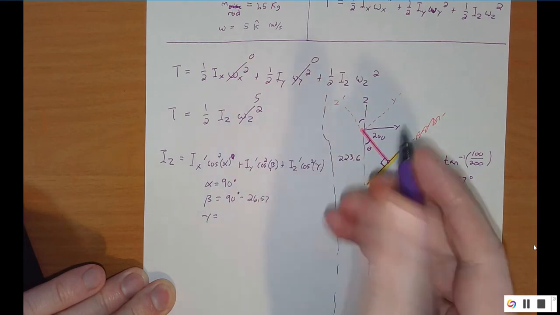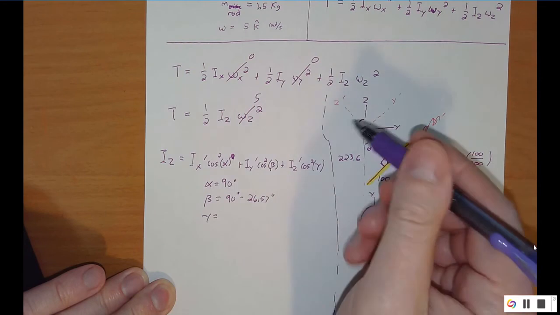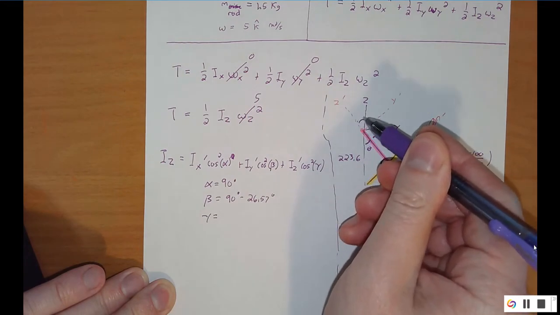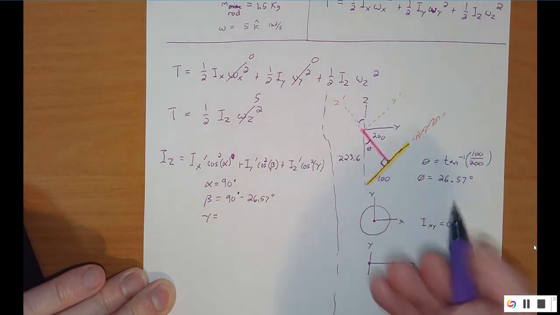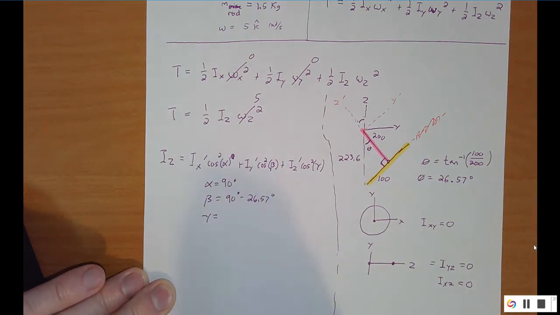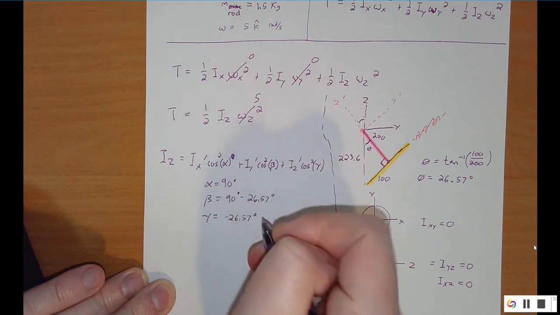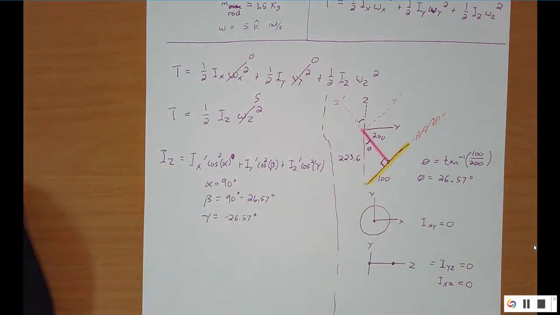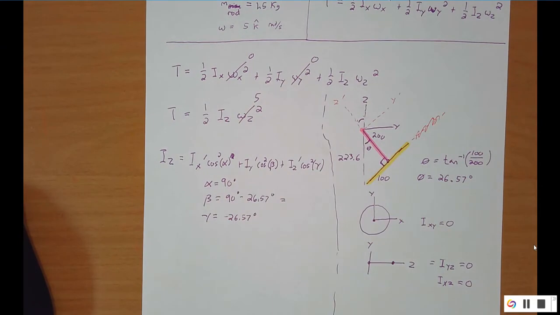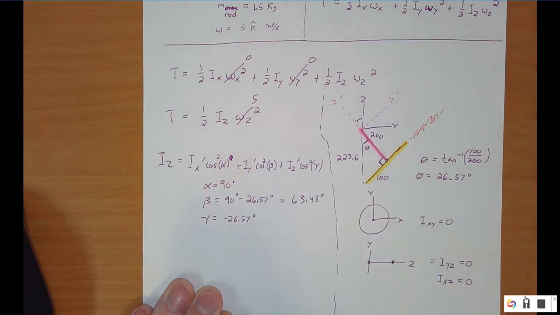And then our gamma will go this way, and that'll be the 26.57. I'm going to put it in as negative. And this becomes 63.43 degrees.